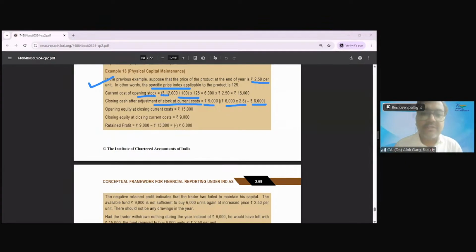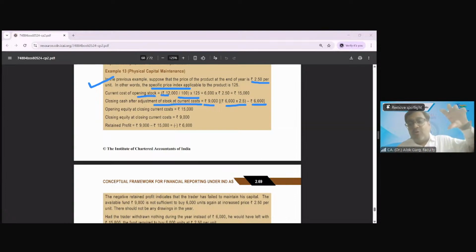What is 12,000? 12,000 is your opening stock, right? But what is the value? The value was 2 rupee. How much is the value increased? The value is increased by 25%. Is this clear?